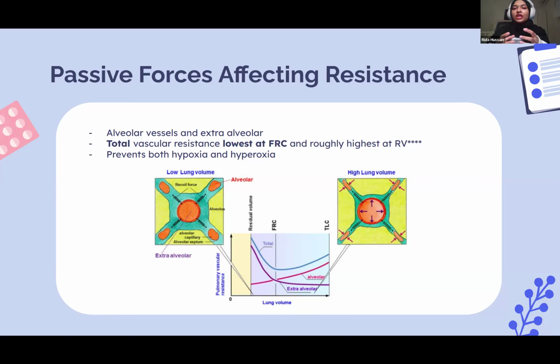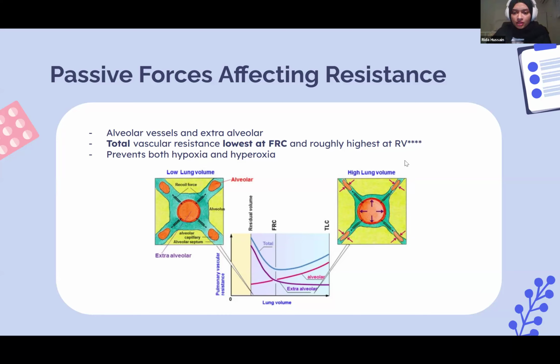While doing so, they make more space for extra-alveolar vessels. There's more space for them to expand, and they do distend, okay? Which causes the extra-alveolar vessel resistance to decrease. So it's inversely proportional. When the resistance in alveolar vessels is increasing, the resistance in the extra-alveolar vessels is decreasing.